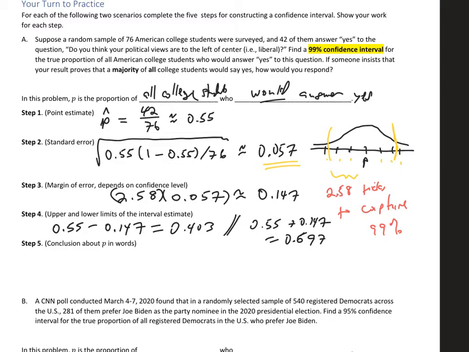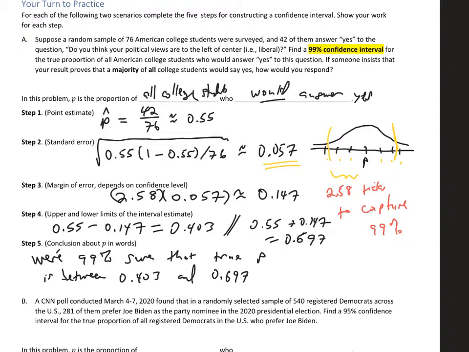And so we're 99% sure that the true value of P, so the true proportion of all college students who would answer yes to this question, is between 0.403 and 0.697. So notice that in terms of percentages, that's between about 40% and 70%.